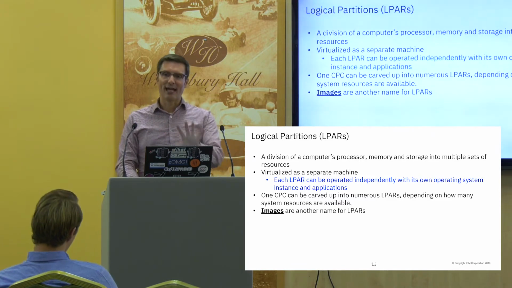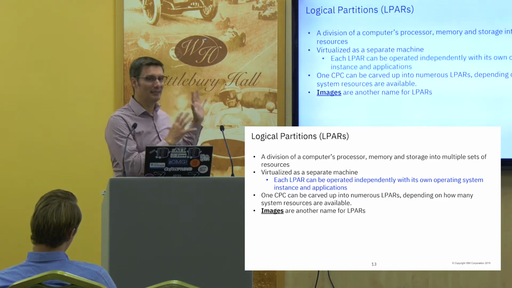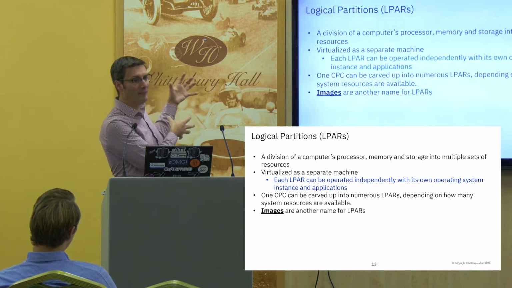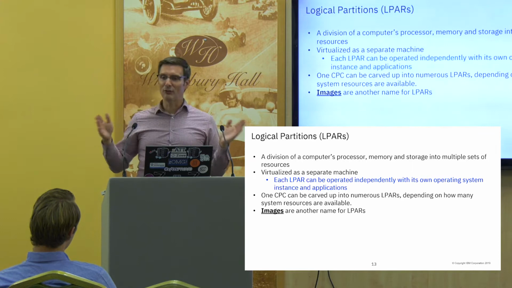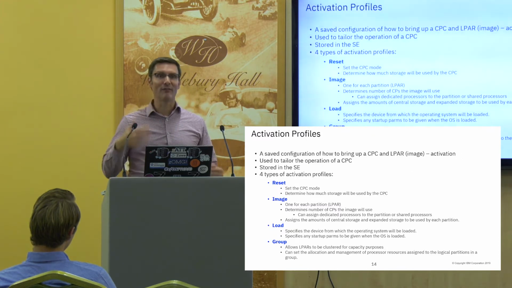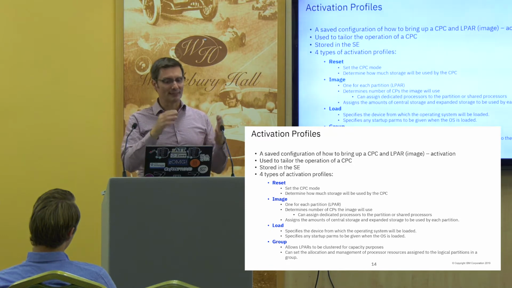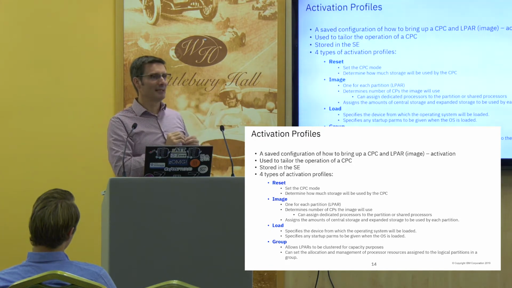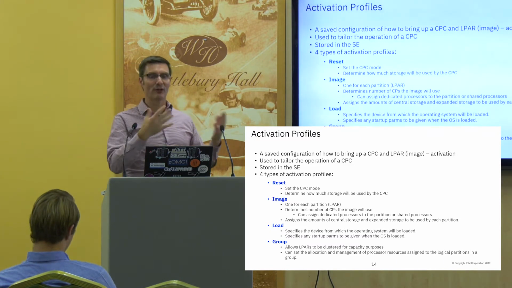So we need to know that entity because we've dealt with a CPC, which is the actual frame, the big box that's on the floor. It's carved up into images or partitions. And then we have another thing, the saved configuration, which is when I bring up my CPC, I need to configure it in a certain way.